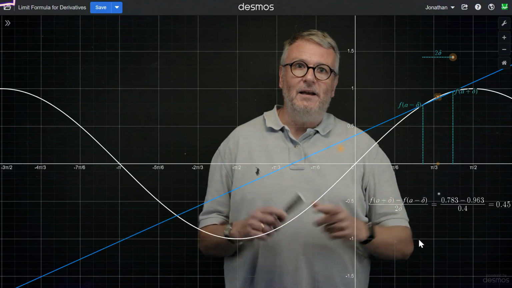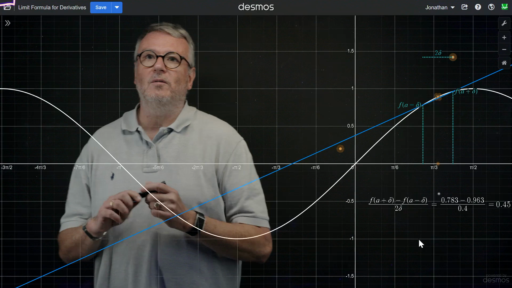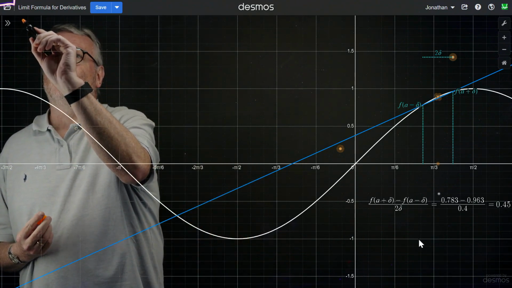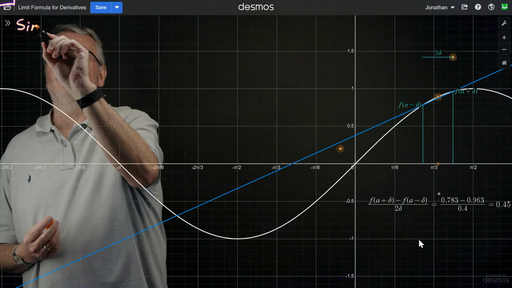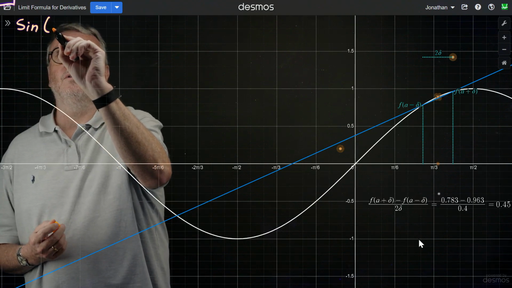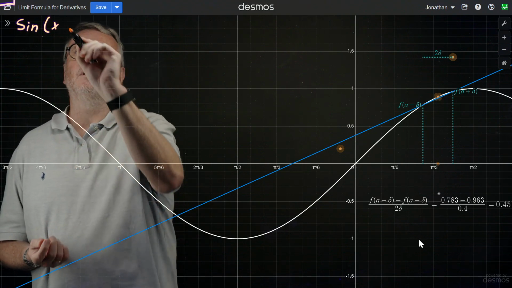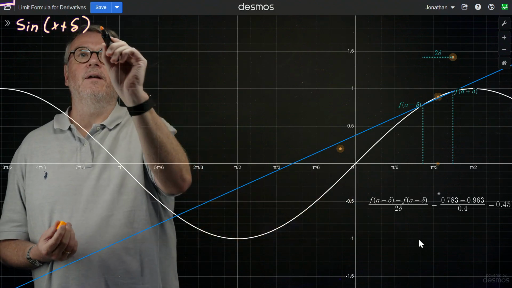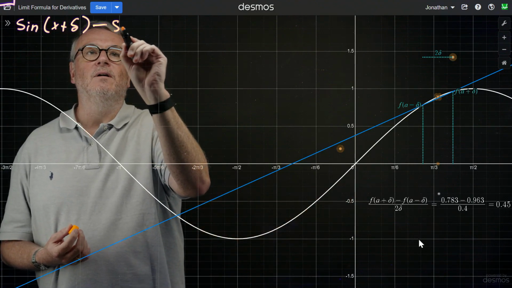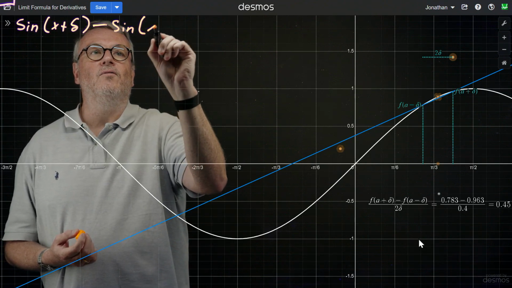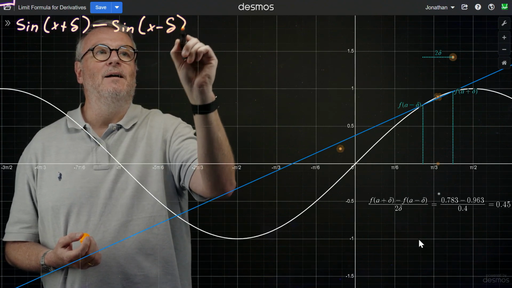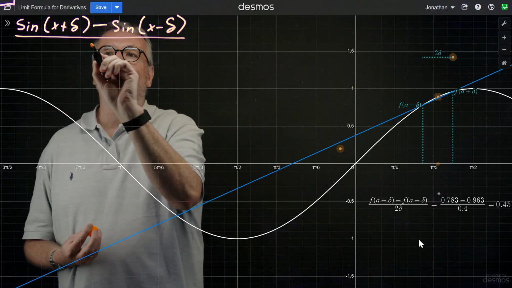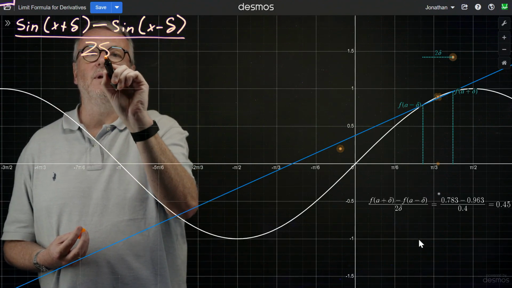So in this case, suppose I want to know what the slope of sine x is. What we've said we're going to do is take sine of x plus delta, which is what I've got down there, and subtract out the sine of x minus delta, and my estimate is formed by dividing this by 2 delta.